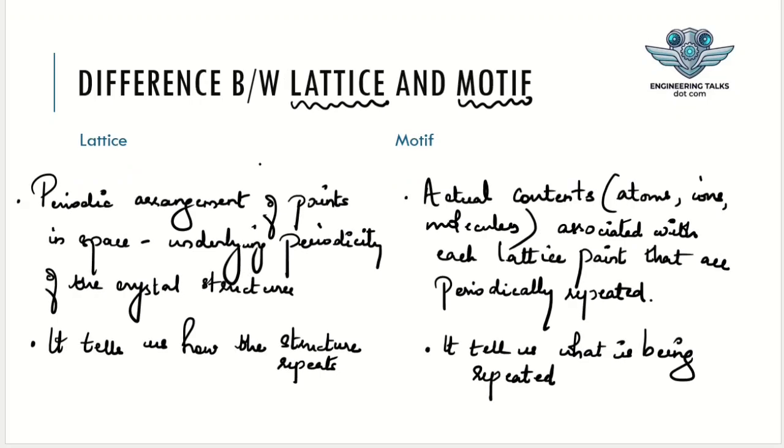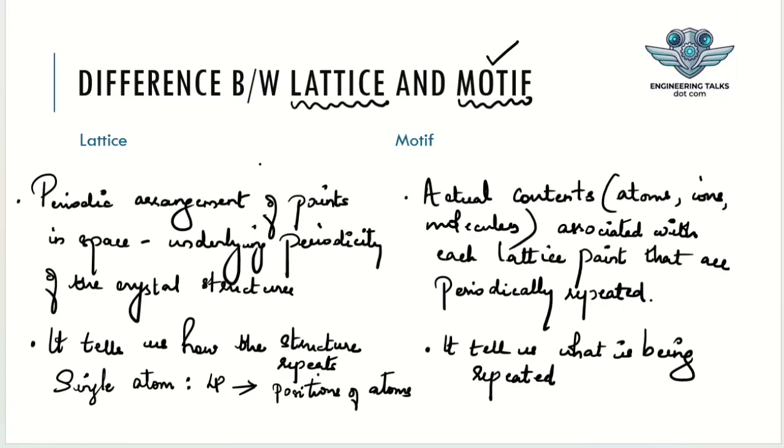If the motif represents a single atom, then the lattice points coincide with the positions of the atoms. But if the motif is a group of atoms, then the lattice points often represent a geometric center rather than the actual positions of the atoms. So we can write, if the motif is a single atom, then the lattice points represent the actual positions of atoms.